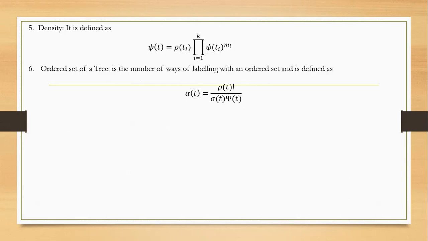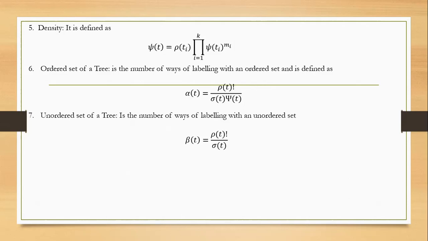That is, the ordered set of a tree is defined as the order factorial divided by density times the order of symmetry.